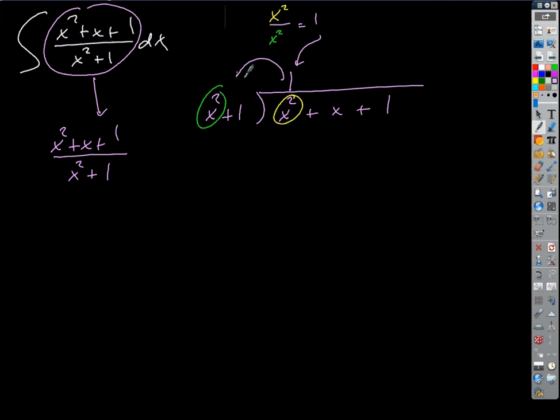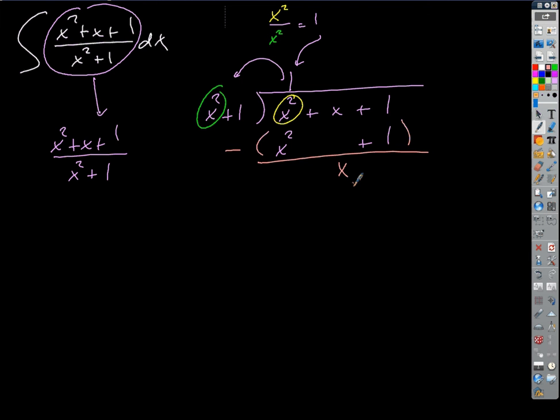We multiply the 1 times the polynomial outside, and we get x squared plus 1. We line them up in the appropriate columns, and then we subtract. The x squareds cancel, the 1's cancel, and we get x minus 0, which is x.